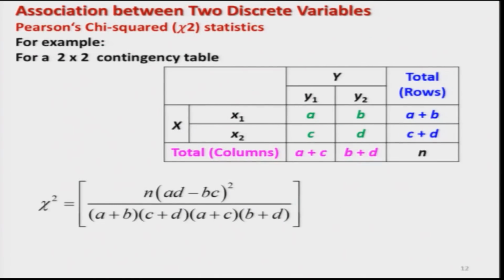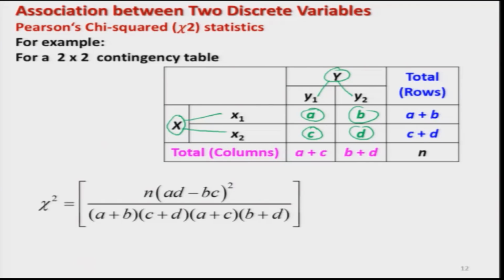Now let me give a particular example which is more popular. Say I have only a 2 by 2 contingency table. Suppose there are variables x and y which have two classes each, x1, x2 and y1, y2, and the absolute frequencies in these cells are A, B, C and D, which I have written in green color.